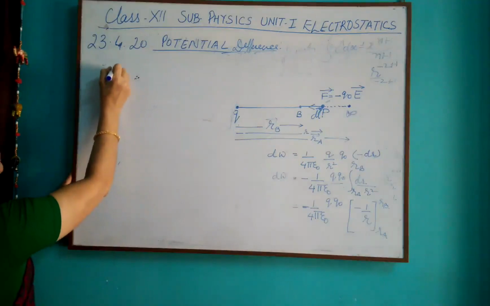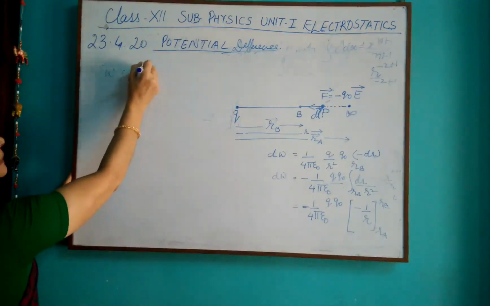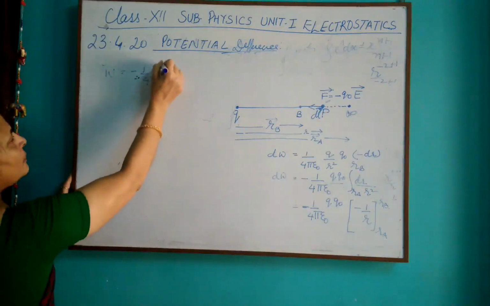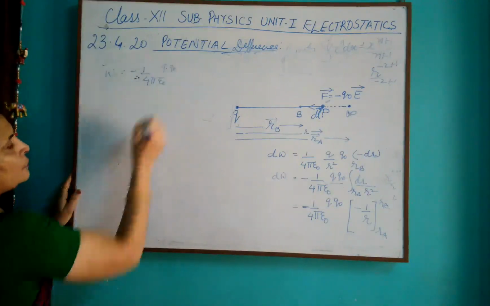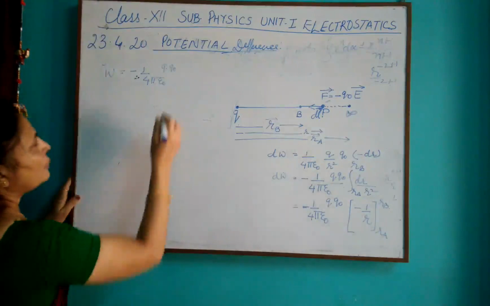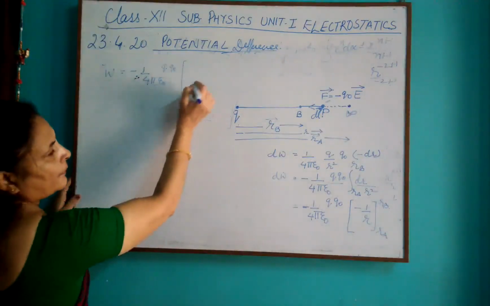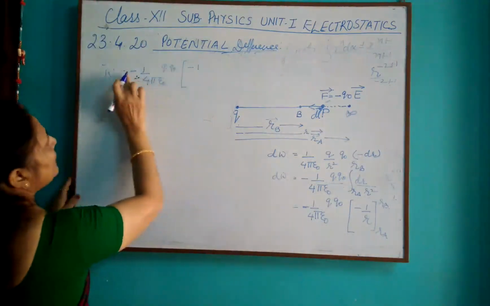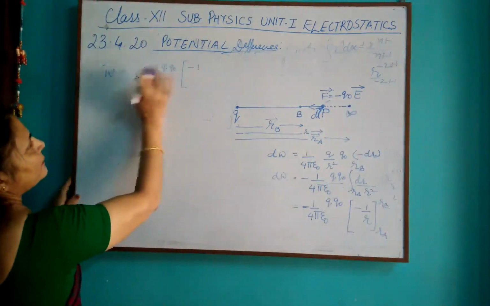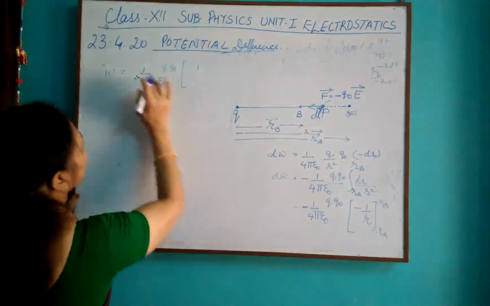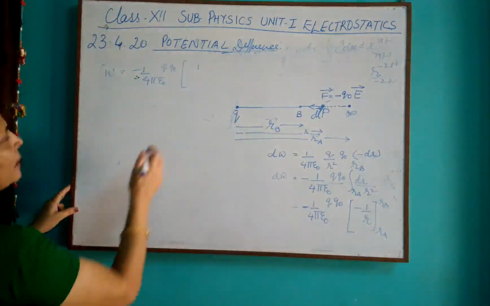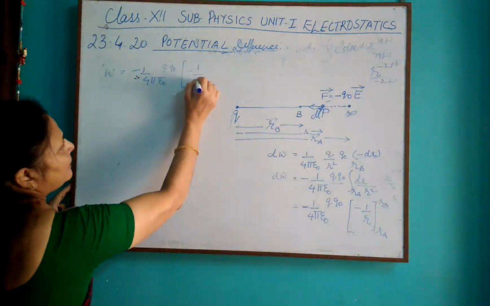W is equals to minus 1 by 4 pi epsilon naught Q naught, minus 1 upon RB and minus 1 upon RA. So plus 1 upon RA. You can take this negative sign inside. Keep it here only. First we will substitute the values.